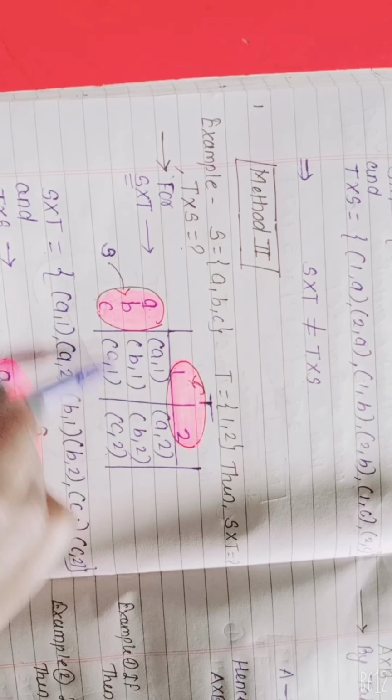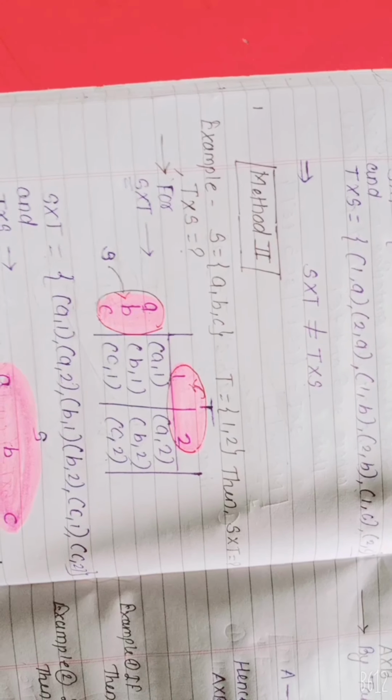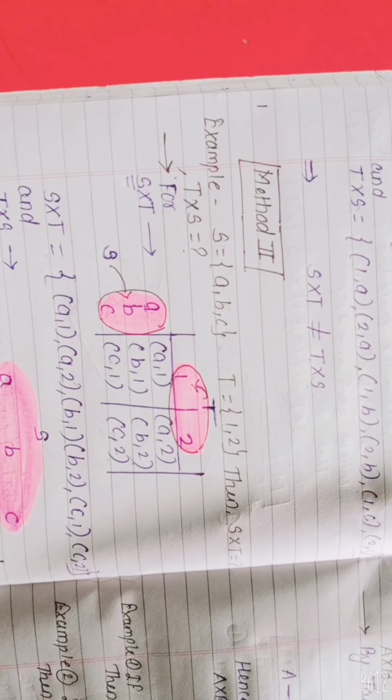So we will get the Cartesian product of the respective sets.